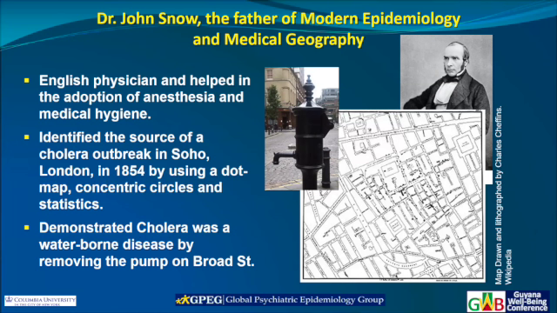He plotted out on a paper map all the deaths, and plotted out the central pump, what's called the Broad Street pump. He drew concentric circles around the pump and noticed that most of the deaths were around this one pump. So he convinced the town to remove the handle of the pump, thus reducing cholera, and by removing the pump, he showed that cholera was a waterborne disease.